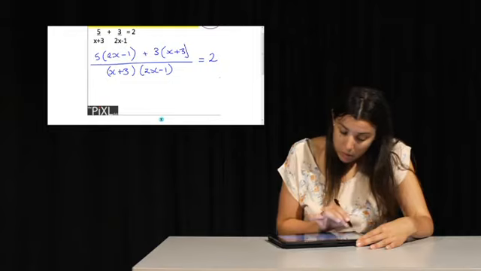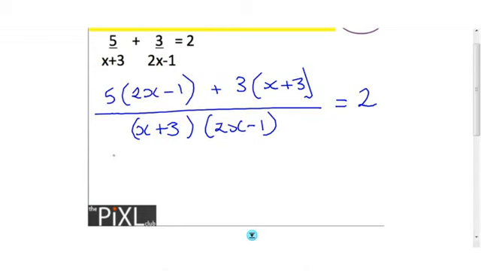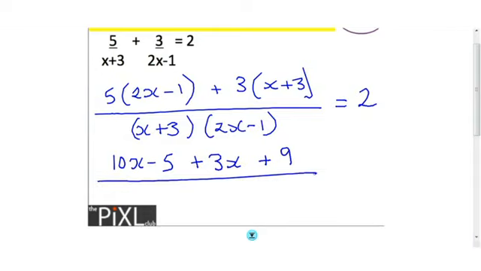So, by expanding all of our brackets, we have on the top 10x minus 5, add 3x, add 9. All over these two brackets multiplied together, so x multiplied by 2x is 2x squared.